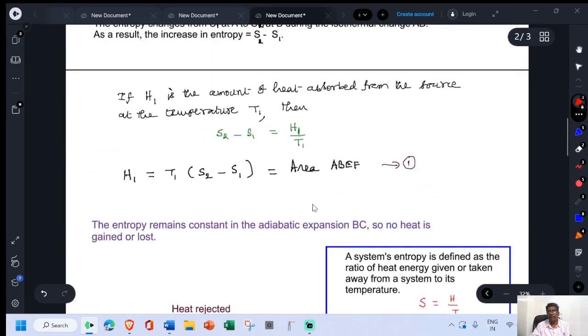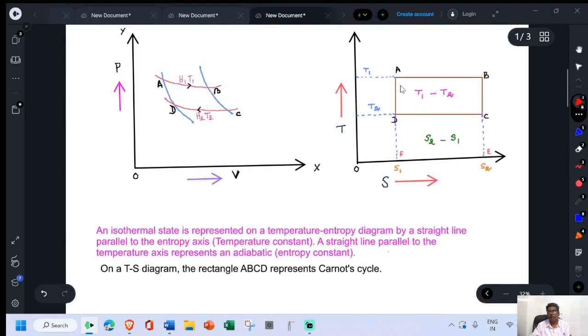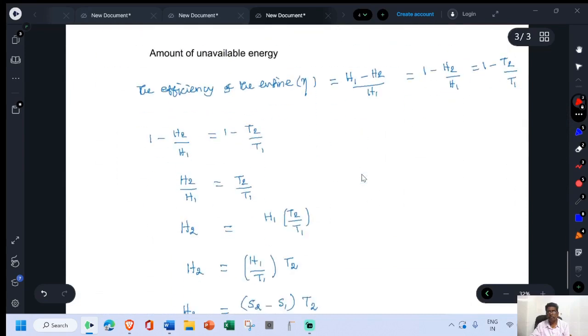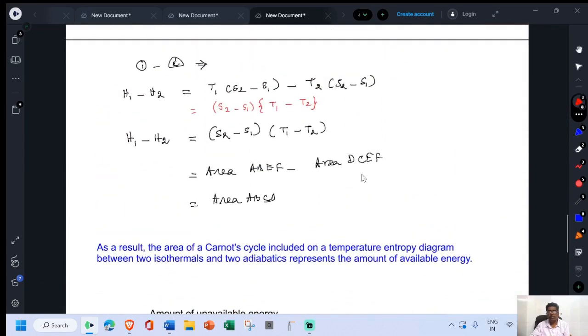Now come to this diagram. ABEF minus this area DCEF. If you subtract the quantity DCEF from the area ABEF, we can get this rectangle. We may get area ABCD.